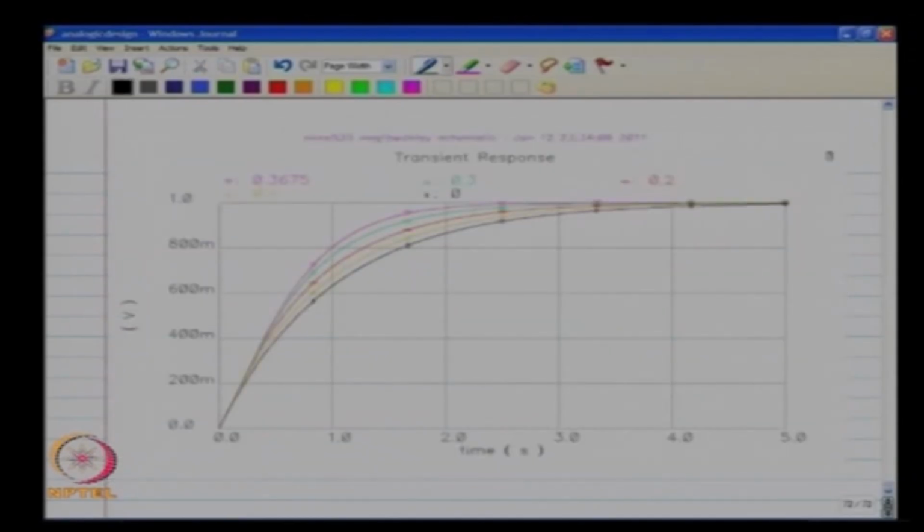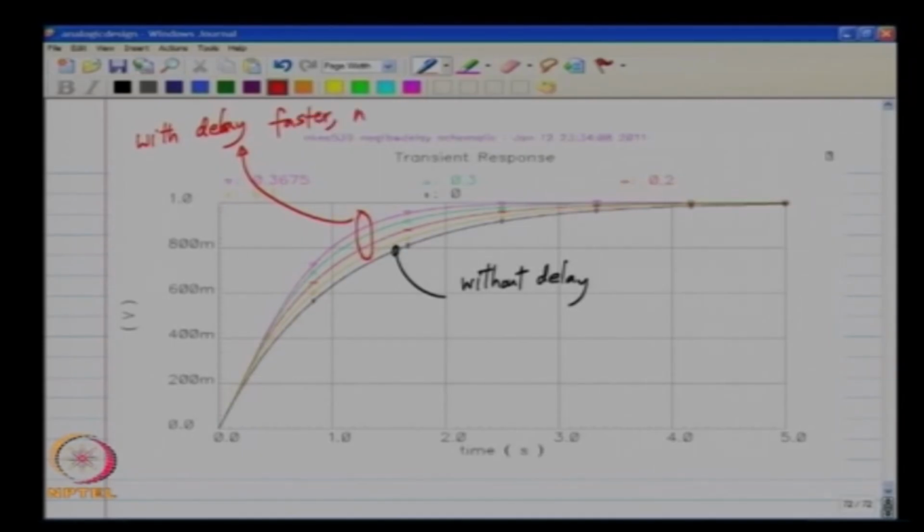So, just to remind you of the solution again, this is what we get without delay, and these four are the solutions with successively increasing delay. They are faster and there is no overshoot.